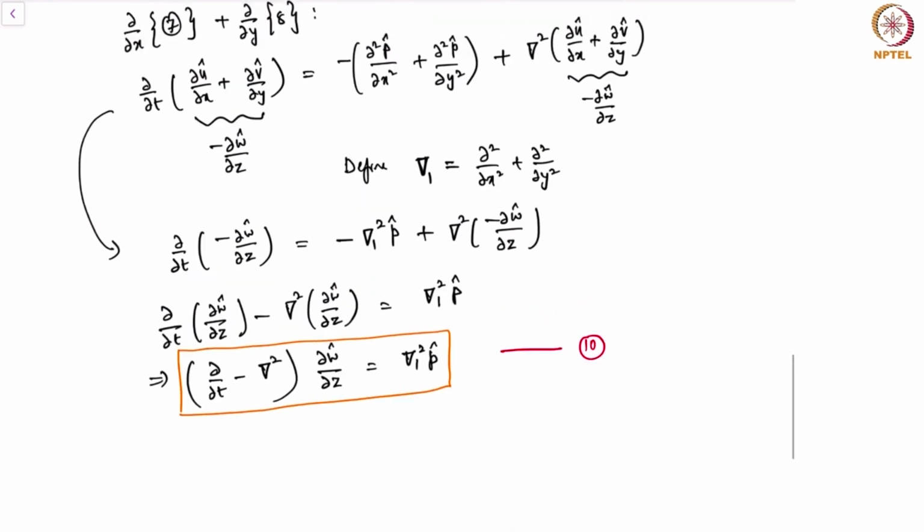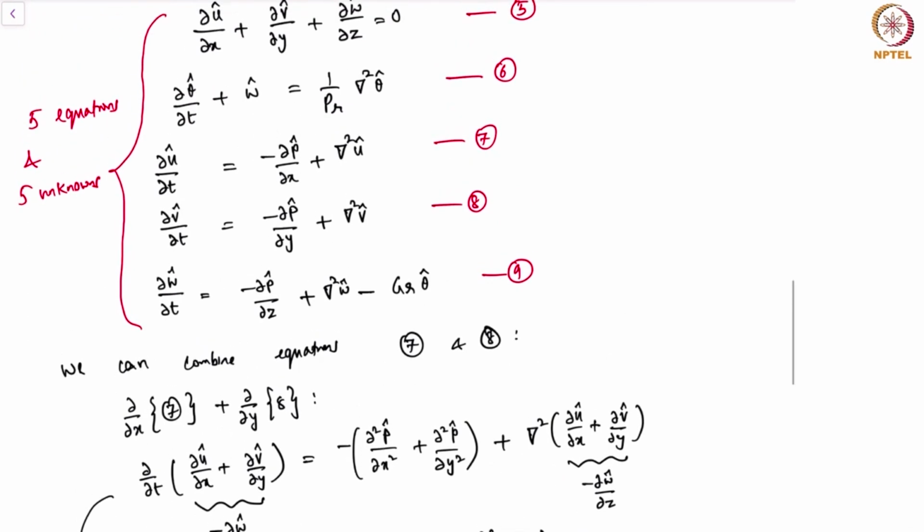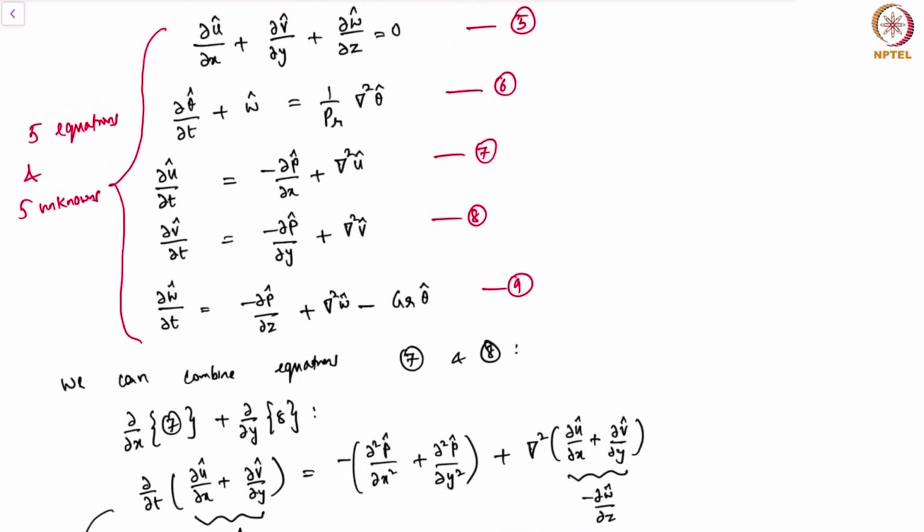We've also combined the two momentum equations, that's 7 and 8. So basically we have essentially eliminated 3 equations, that is 5, 7 and 8, and in their place we have now one single equation.